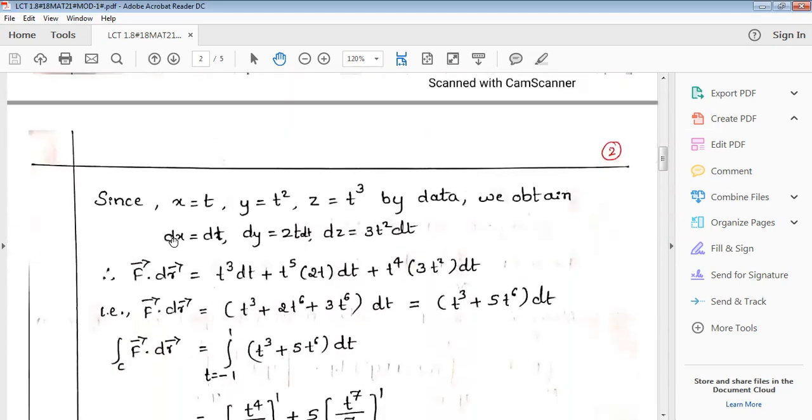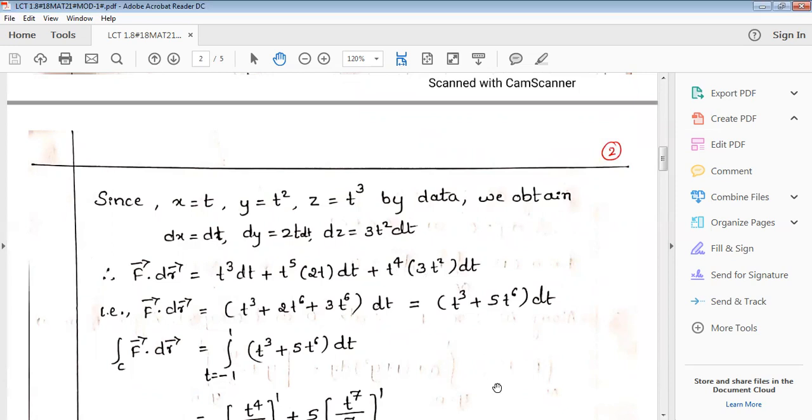Since x, y, z are given, x is t, y is t square, z is t cube. Then dx is dt, dy is 2t dt, dz is 3t square dt. Therefore, vector F dot vector dr is equal to t cube dt plus t raised to 5 into 2t dt plus t raised to 4 into 3t square dt.